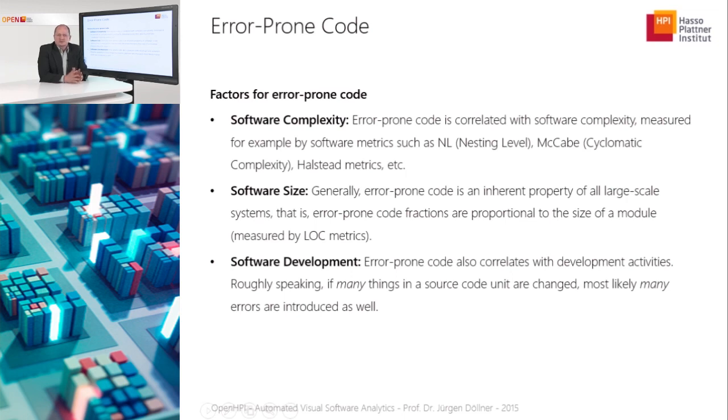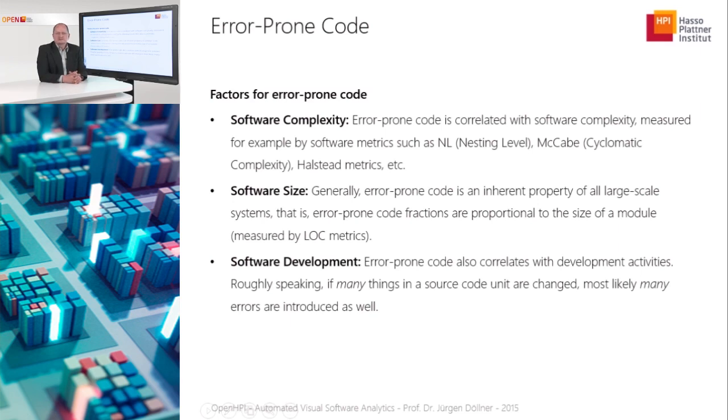Another important factor for error-prone code is a simple one. It's the software size. Generally, error-prone code is an inherent property of a large-scale system. That is, error-prone code fractions are somehow proportional to the size of a module.